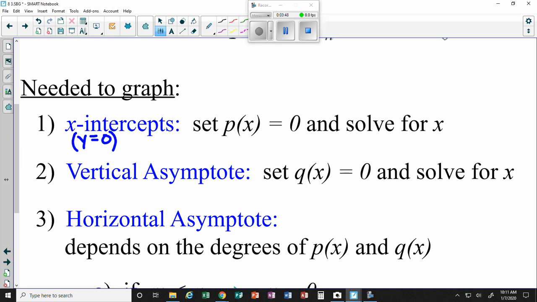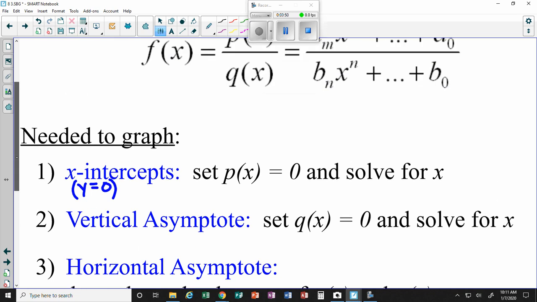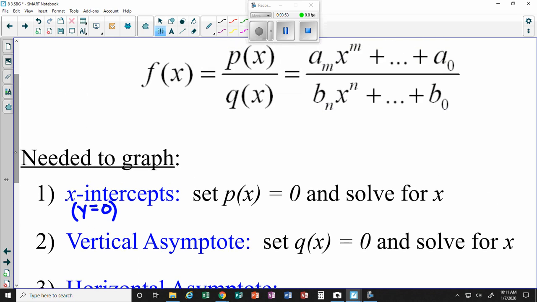Now, they say set p of x equal to 0. Well, in this case, where's p of x? P of x is in the numerator. The reason we do that is because when I plug in 0 for y, or f of x, the only time a fraction can equal 0 is when the top, the numerator, is 0.